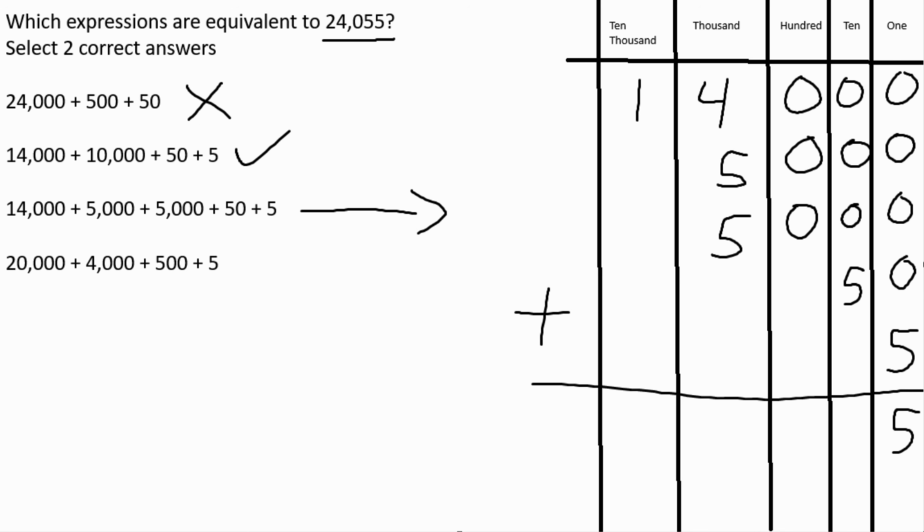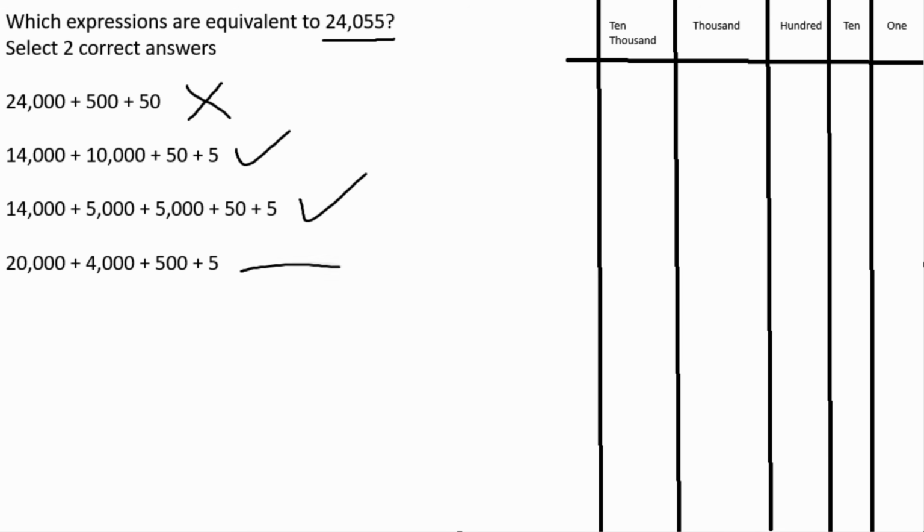All right, we got a 5, another 5, 0. Here we have 14, so we're gonna write 4 and regroup the 1. Okay, then we get 2. So here we get 24,055, which is equivalent to the number in our question stem, so therefore it's correct.